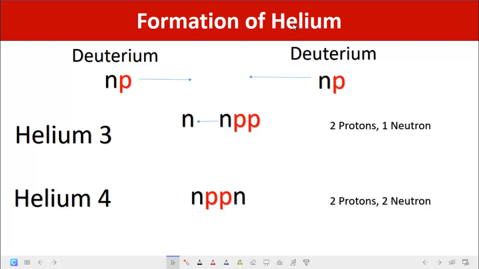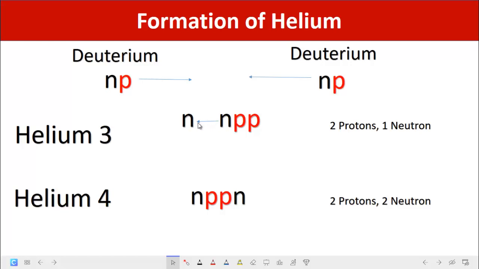Here is the formation of helium. In the formation of helium, for example, deuterium hydrogen collides and combines with deuterium hydrogen. They collide, and we have here possibly NPP. The N here represents the neutron.